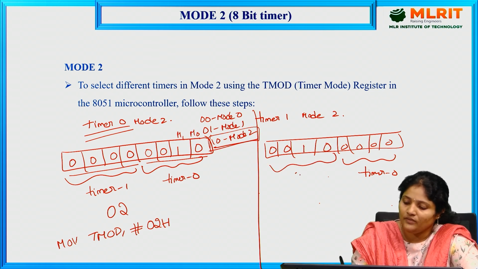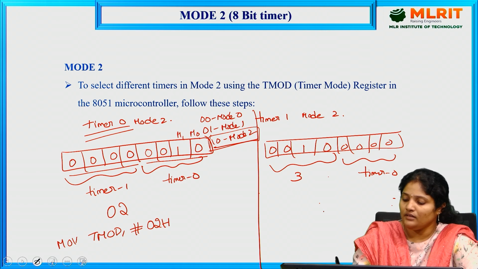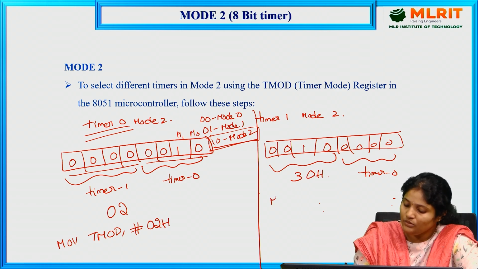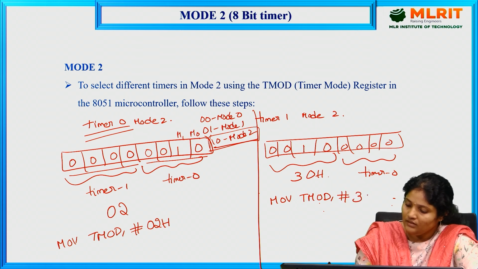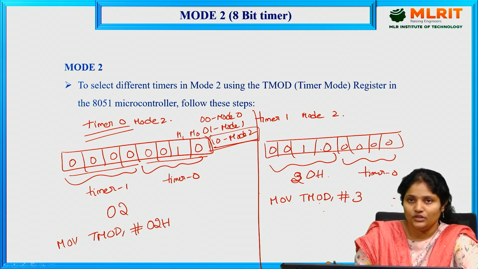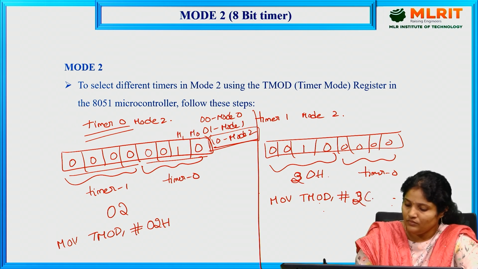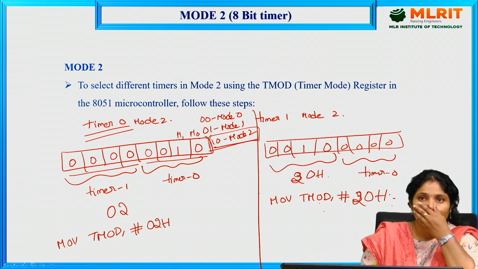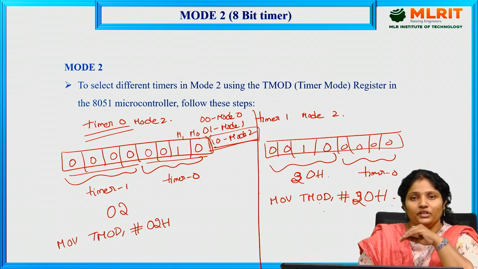So what is the value I need to load into the TMOD register? MOV TMOD, #... sorry, this is 2, right? 0 0 1 0 means 2. So 20H is how I need to load the TMOD register to make timer 1 work in mode 2 operation.